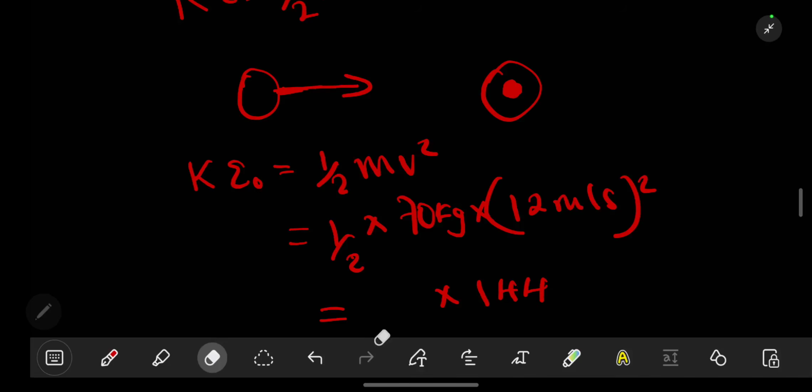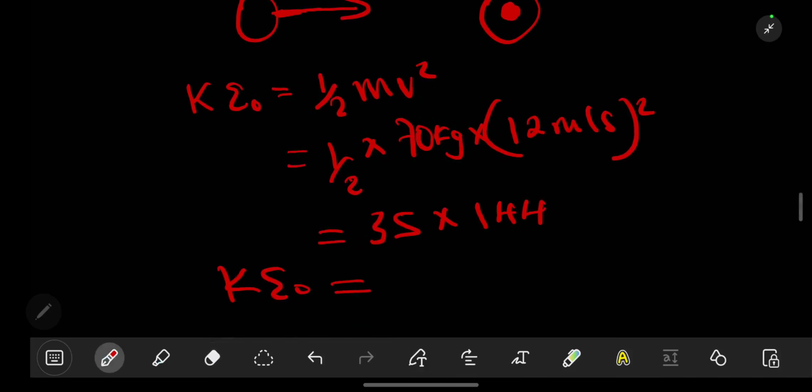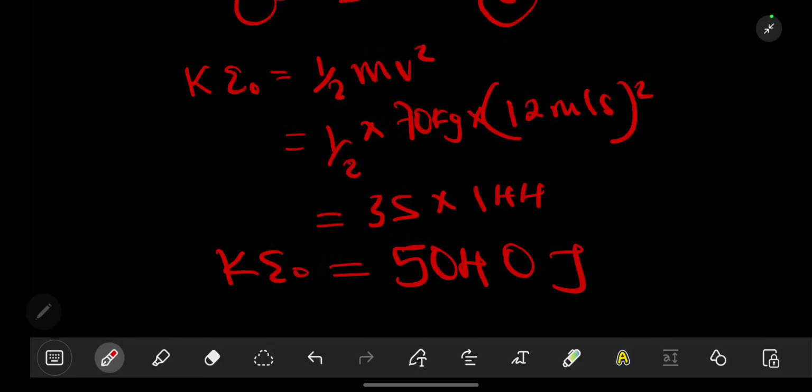So we have 35 times 144, which will give us 5040. So this will be our initial kinetic energy.